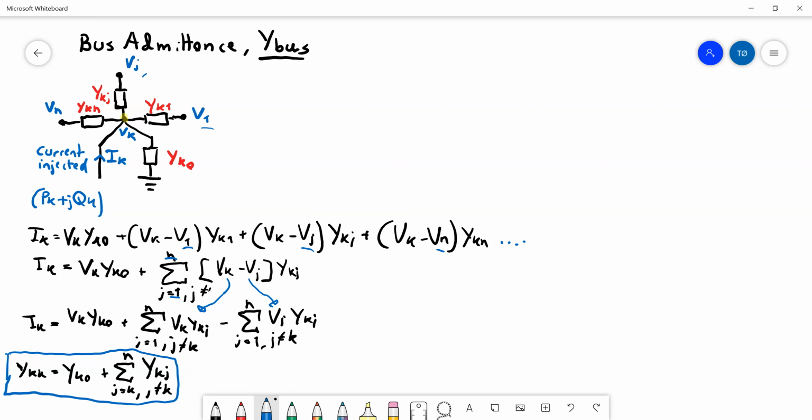So here you can see now we could rearrange it and put it here. We also found out that this YKJ should actually be defined a little bit differently, assigned as minus YKJ. So it should have an opposite sign when you use it in the calculations.